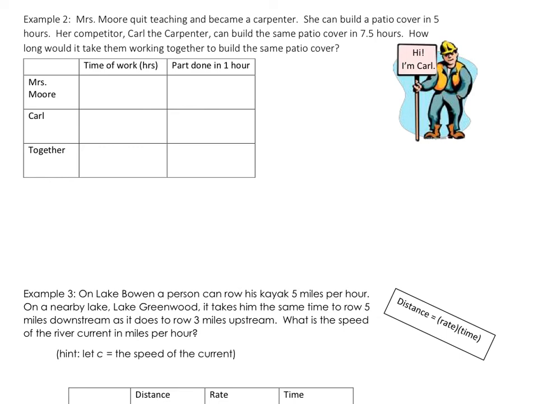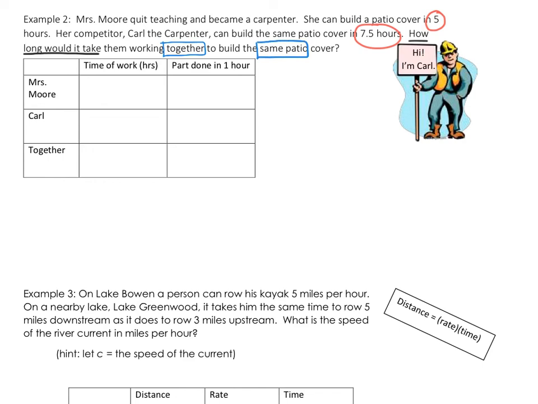So if you remember our CUBES example, we want to circle the numbers, so 5 hours and 7.5 hours. We want to then underline the question, which is how long would it take? Then we need to box any keywords, and I'm thinking that a keyword is probably working together and build the same patio.